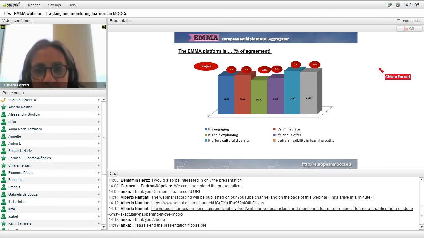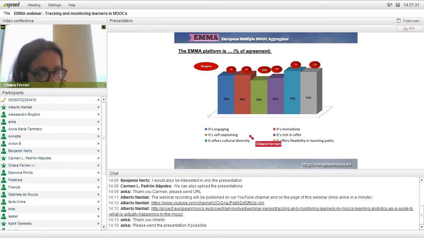So, for example, here's one of the results we had from the beginning about the EMMA platform as a general experience, and these are the phrases which we submitted. As you can see, we had some problems with the self-explaining side of the platform, which invited the consortium to revise and review the layout of the platform.